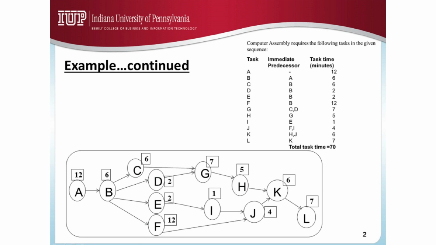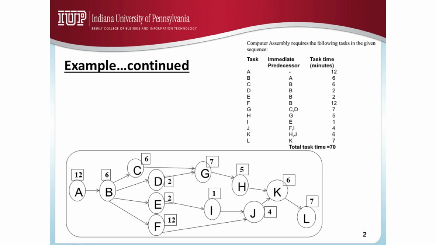The beauty of the network diagram is, pictorially, you can visualize the precedence relationship. Whereas if you look at this table, it may not be very obvious, especially if you have 100 different tasks to find out what precedes what. Whereas a network diagram can give you a better idea.